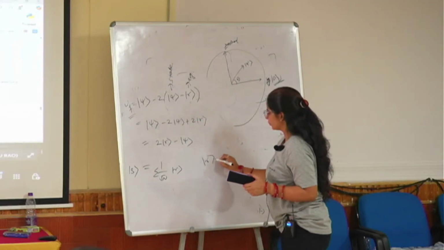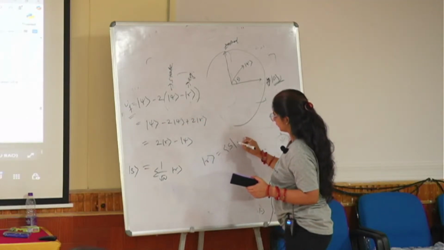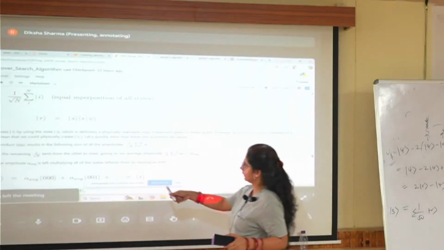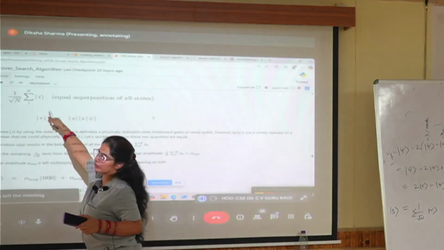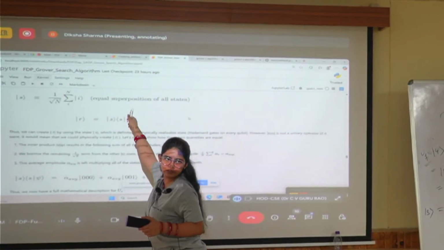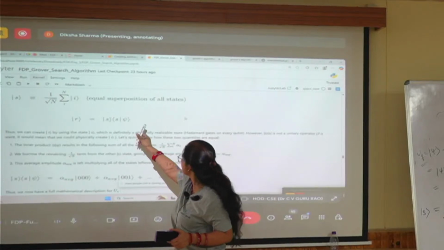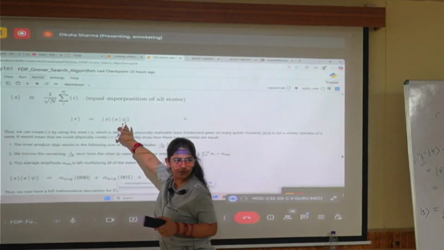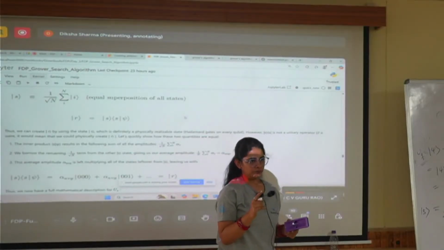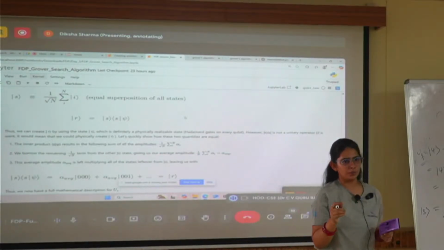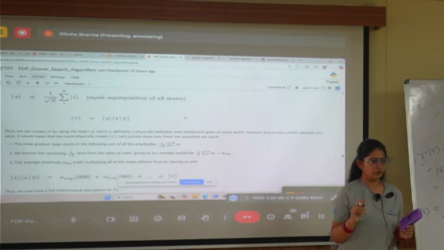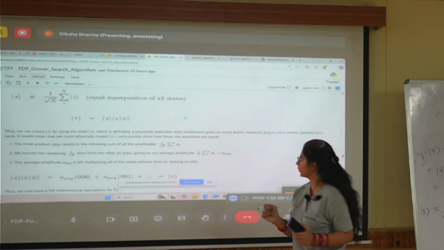If I write that equal superposition state in this form, now this is the inner product. This inner product will give you one value. Always, the outer product would give you a matrix and the inner product would give you a value.